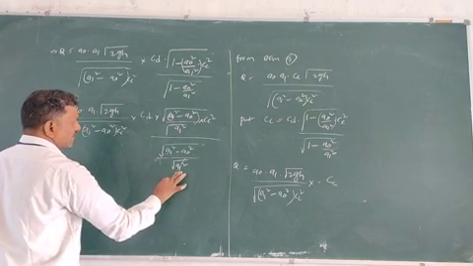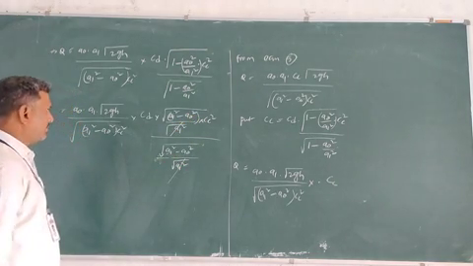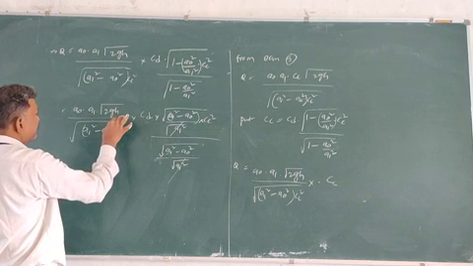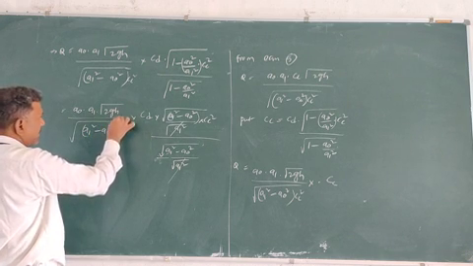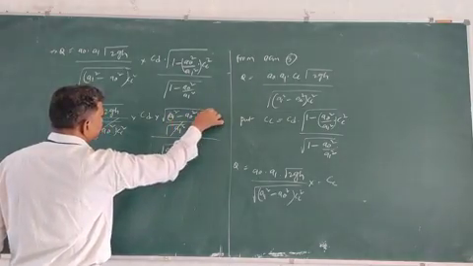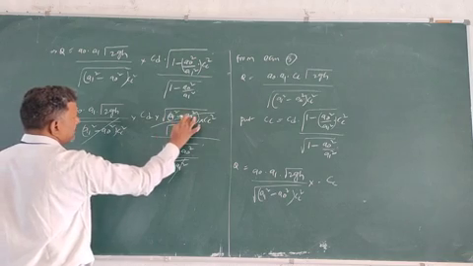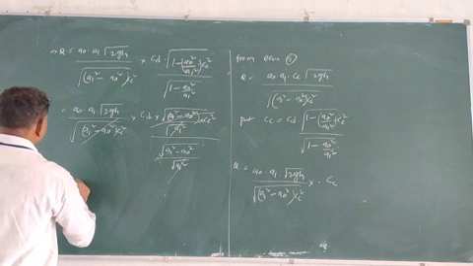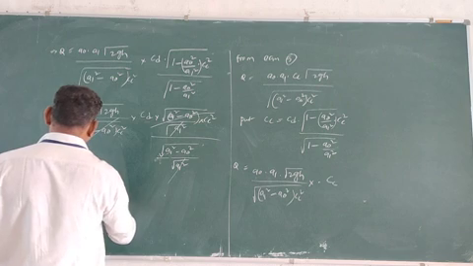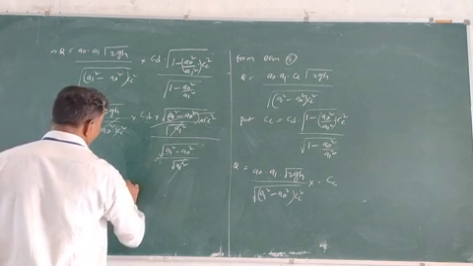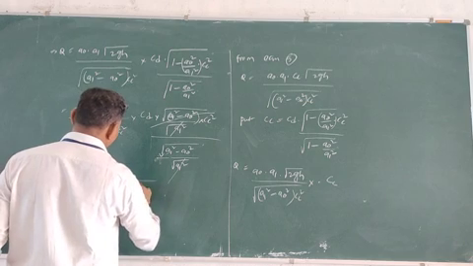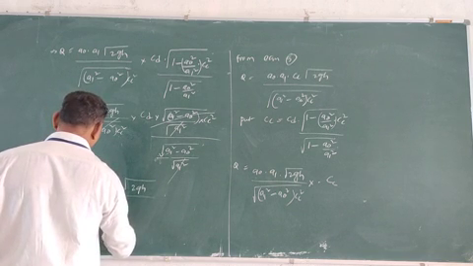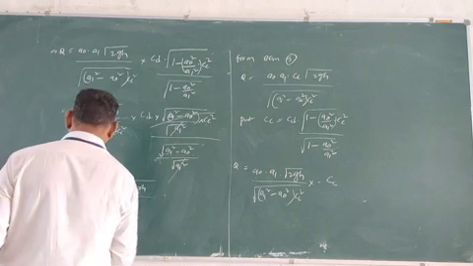The square root of A1 square will get cancelled. Okay, the square root of A1 square minus A0 square into Cc square will get cancelled with this term. So what are the remainders? A0, A1, Cd, square root of 2gH divided by square root of A1 square minus A0 square.